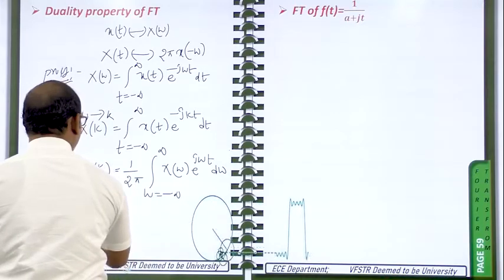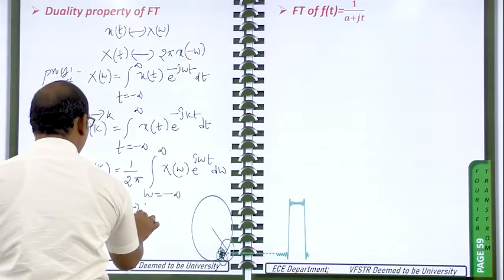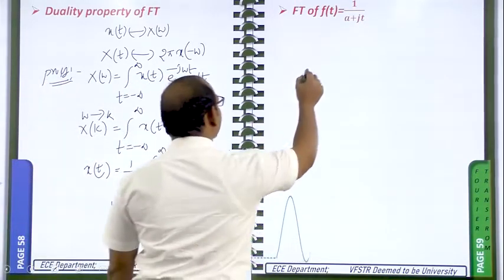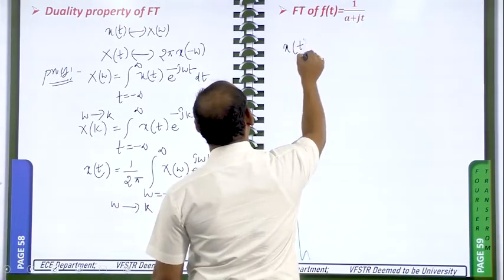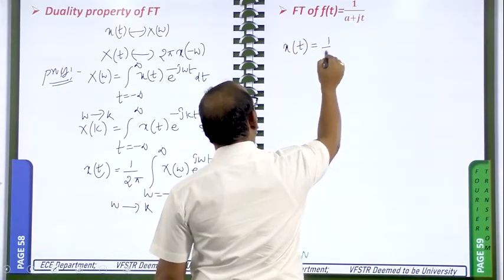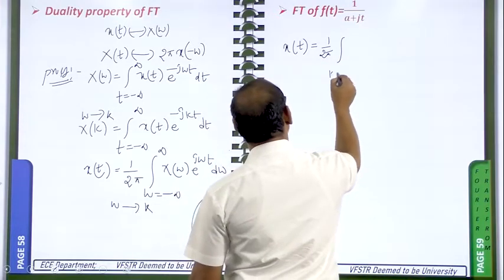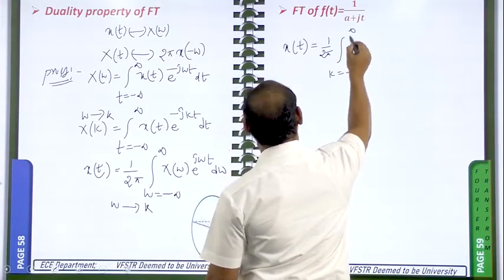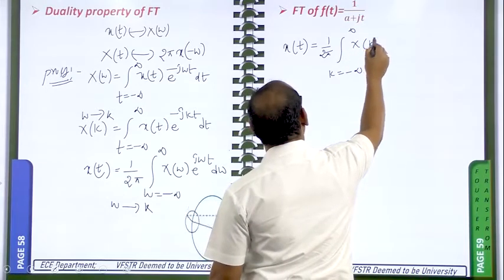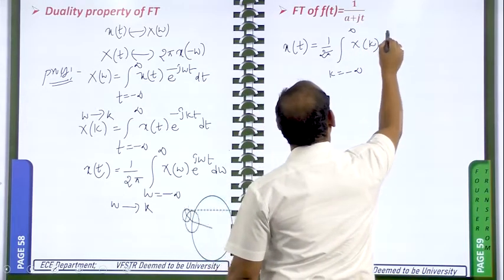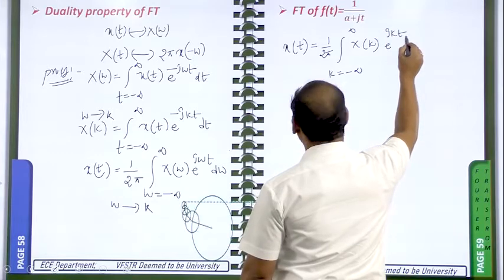So omega I am replacing with, for example, k. So you will get x of t is equal to 1 by 2 pi integral, k is from minus infinity to plus infinity, x of k e power j k t.